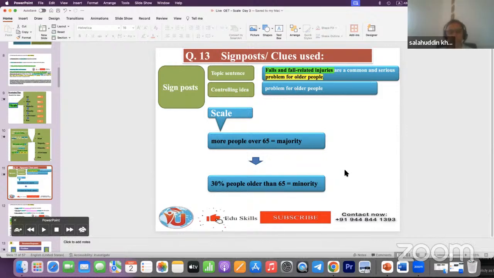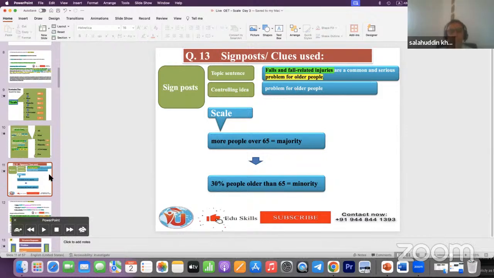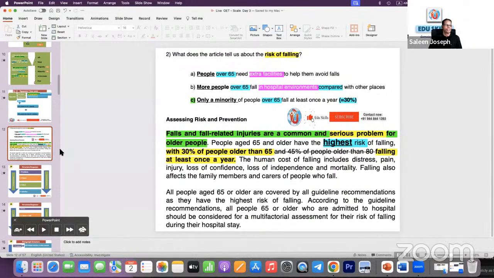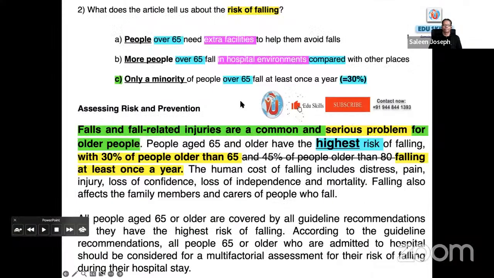That's so beautiful. Extra facilities and hospital environment are not mentioned at all here; they come only in the second part where they speak about facilities. Minority 30%, that is clear. So let's check.